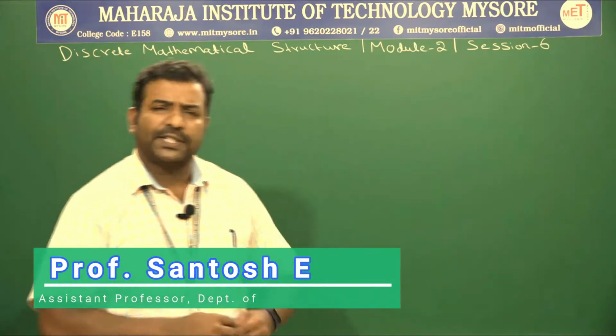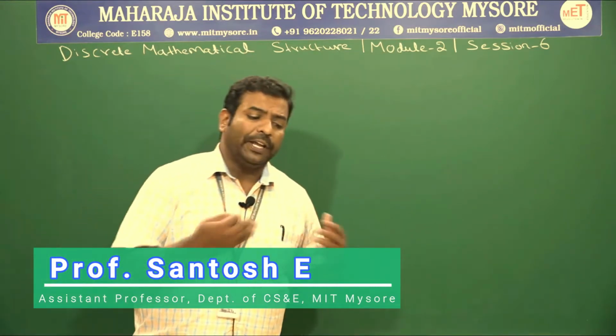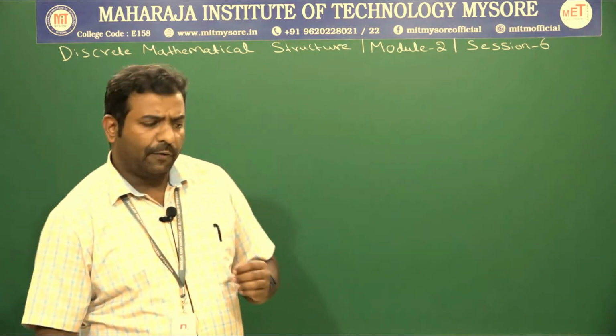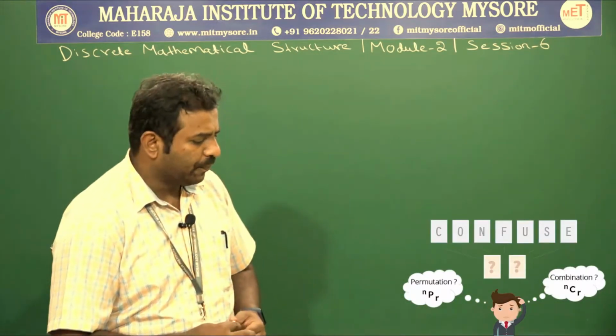So in the previous session, Session 5, I introduced you to a small flavor of what a combination is going to be and what a permutation is going to be.